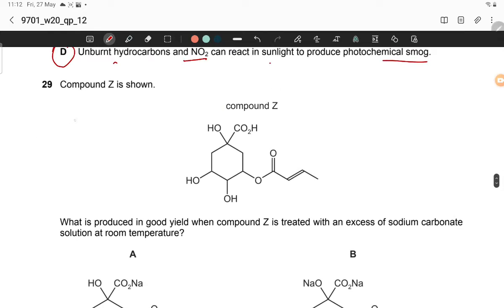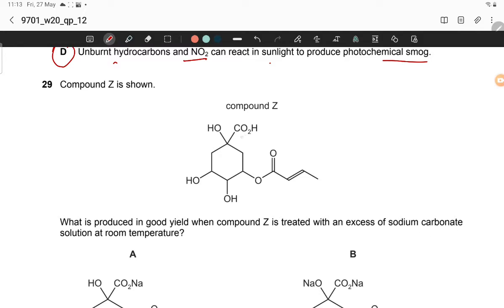Question number 29. Compound Z is shown. What is produced in good yield when compound Z is treated with an excess of sodium carbonate?